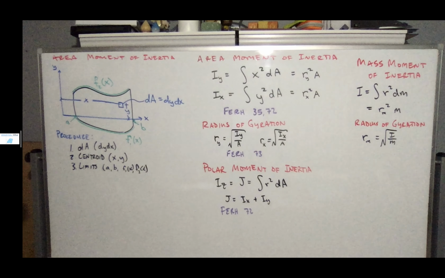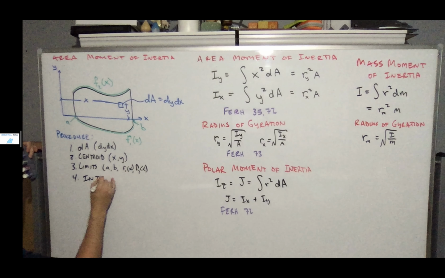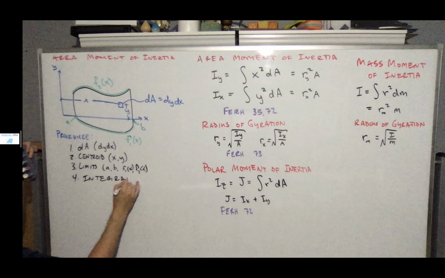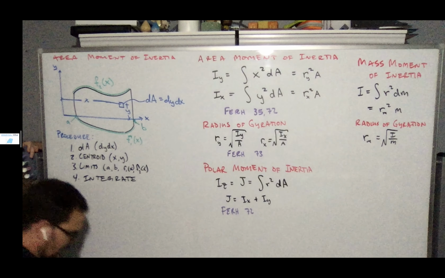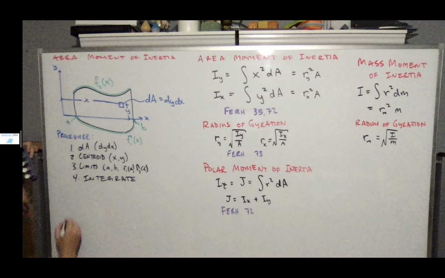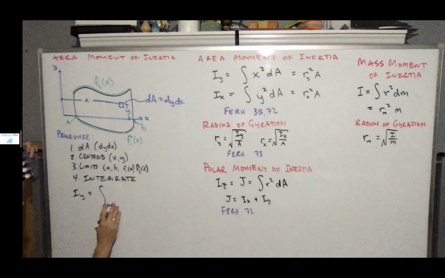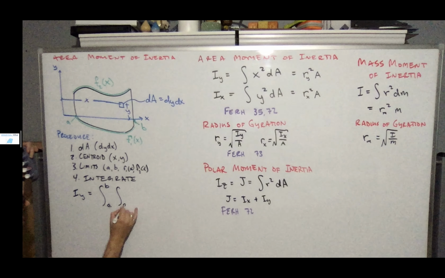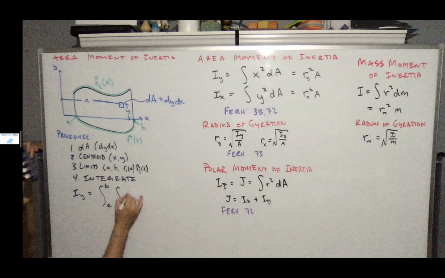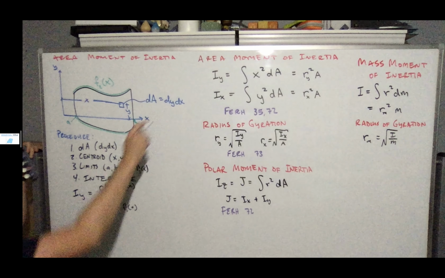And then finally, I will set up my double integration. And so the way I want to integrate this is Iy is going to be from the lower bound x to the upper bound x, lower function, which is y, to the upper function, which is y, and then Iy uses the x squared.